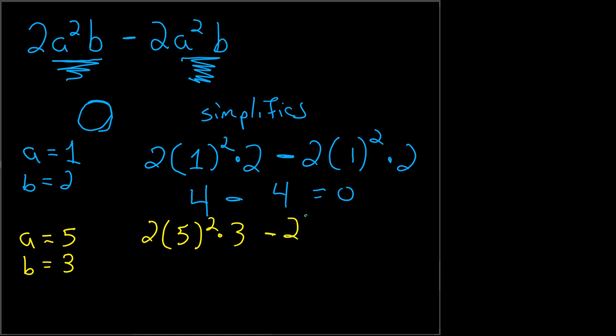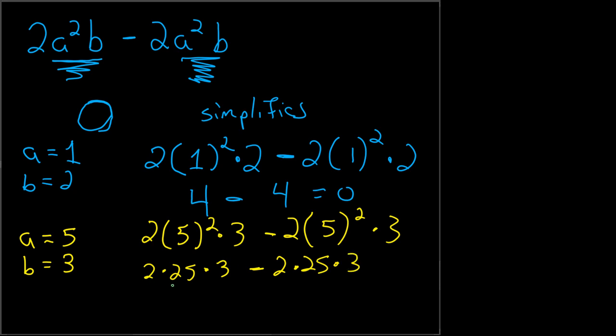Minus 2 times 5 squared times 3. Well, 2 times 25 times 3 minus 2 times 25 times 3, or 50 times 3 minus 50 times 3, or 150 minus 150 equals 0.